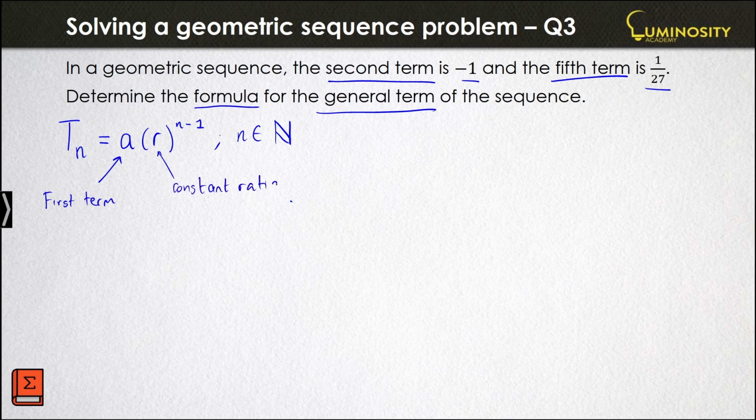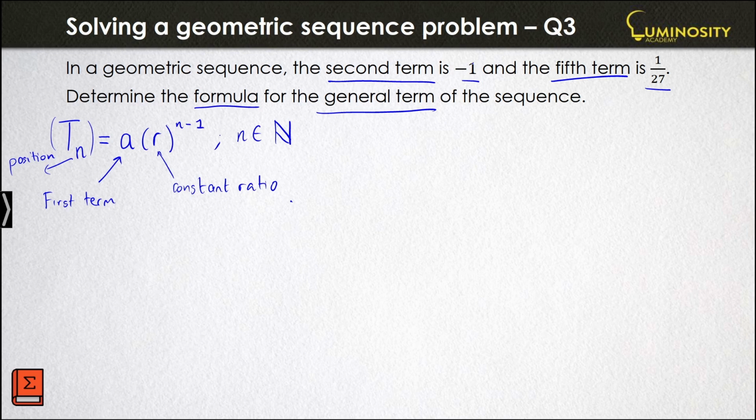The n denotes the position of the term, so the first term, the second term, the third term, and so on, and this entire expression t sub n is the value at that position. So for example here, -1 is the value at the second position in the sequence.